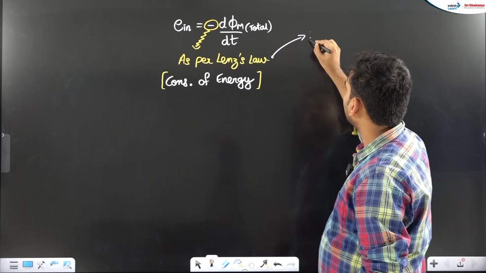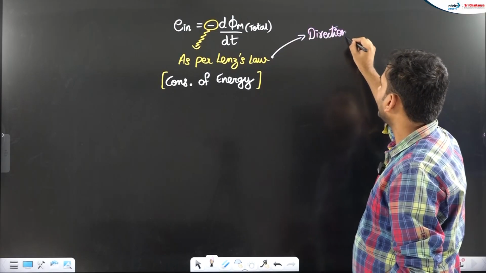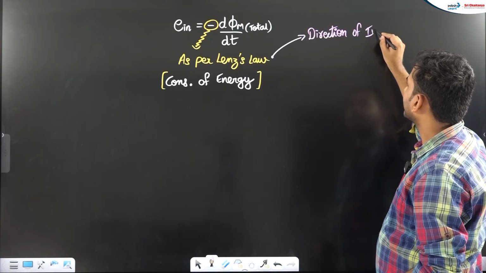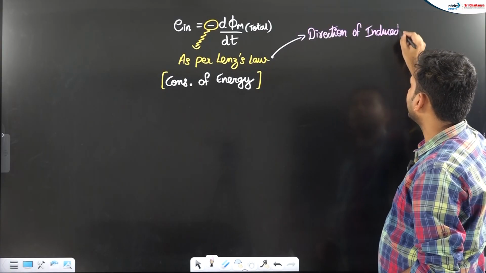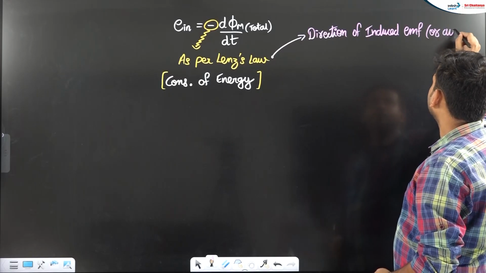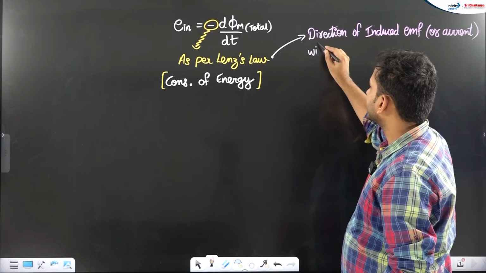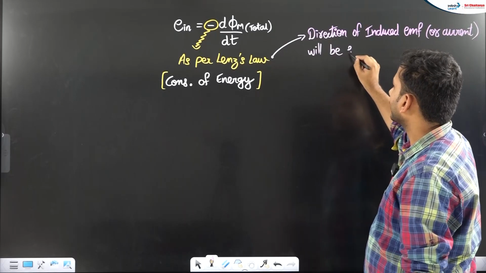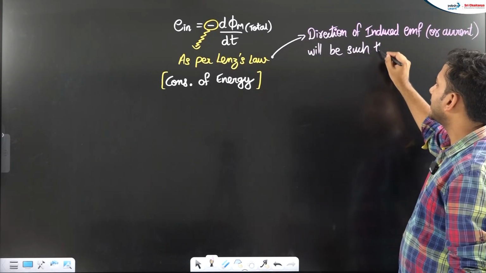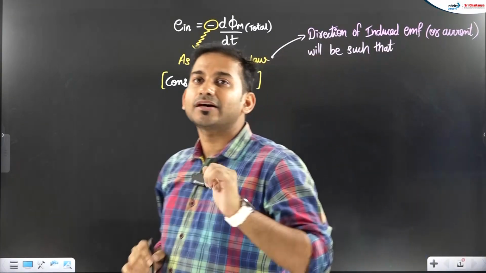So according to Lenz law, the direction of induced EMF or current will be in such a way that it always tries to maintain the magnetic flux.